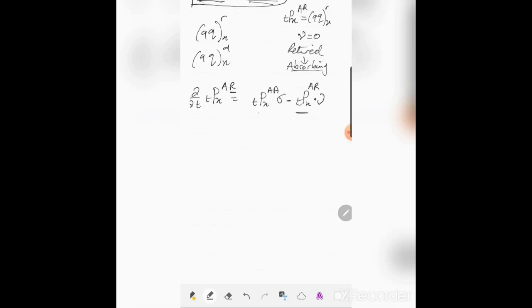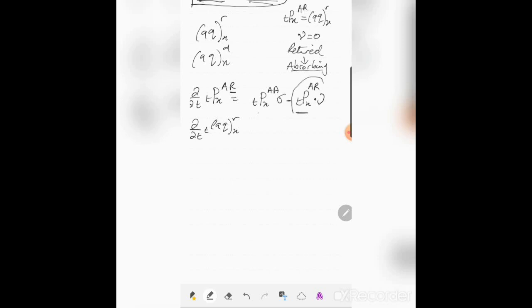So which means from here I could very well get T and then AQXR. So I can write the derivative of T AQXR as TPX AA times sigma.